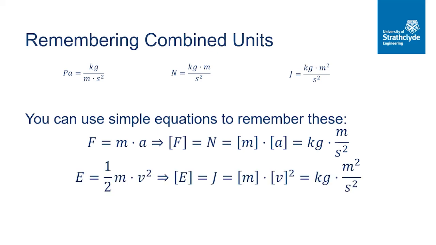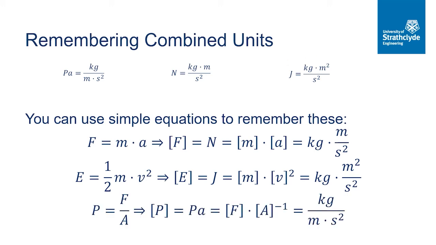We can do a similar thing for energy by taking any of the energy equations. I've taken the example of kinetic energy, which, when we plug in our base units, gives a value of kilogram meter squared per second squared, as we showed earlier. And similarly, for pascals, pressure is just force divided by area.